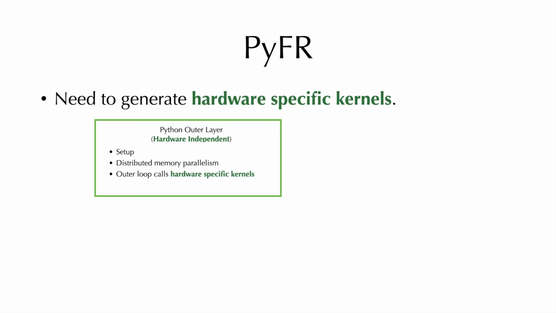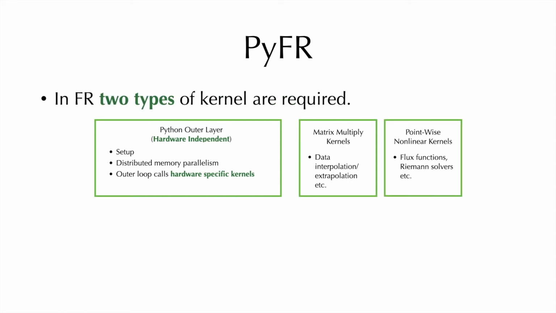Now, of course, the question then becomes, well, how do you go about generating these hardware-specific kernels? And the approach we've taken in PyFR is to observe that within flux reconstruction, two types of kernel are needed.